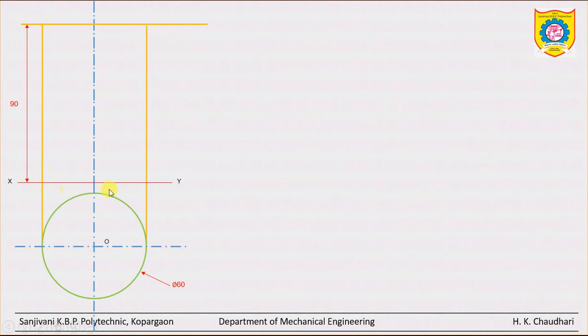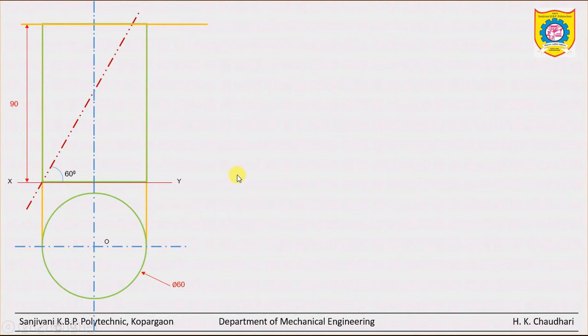This rectangle looks like a cylinder which is the front view, this green shaded rectangle. Okay, now draw the cutting plane which is inclined at 60° to the base of this cylinder.